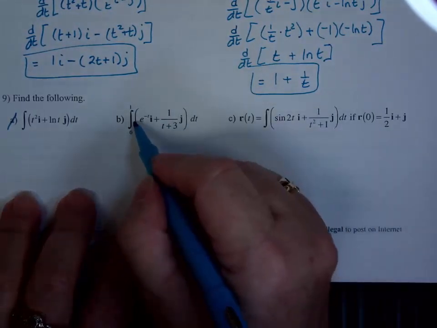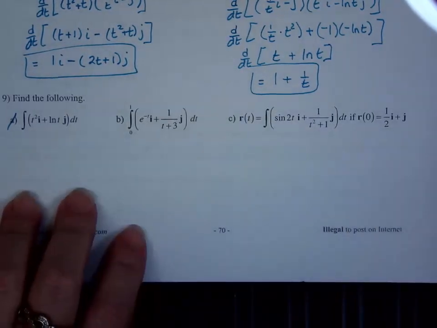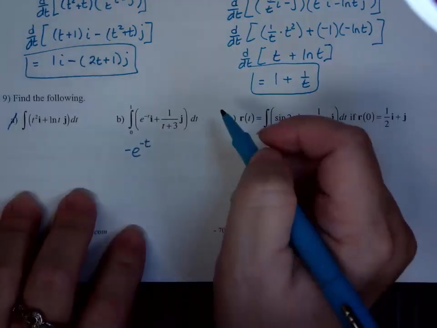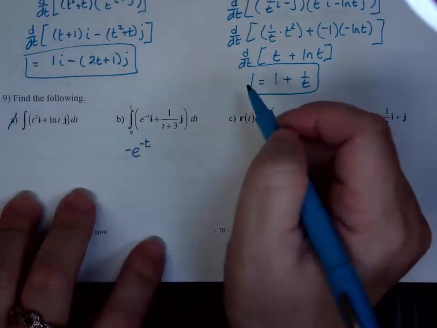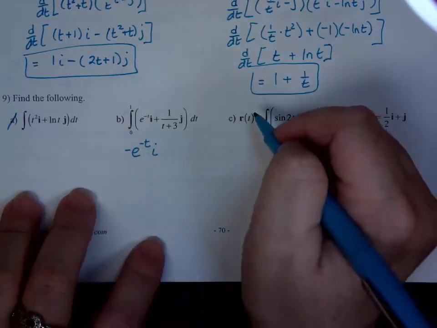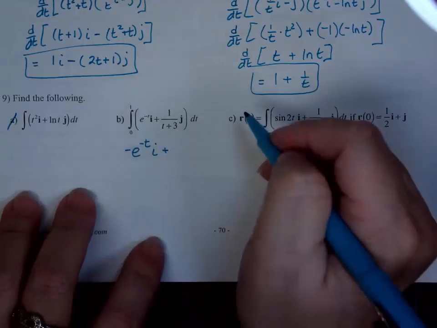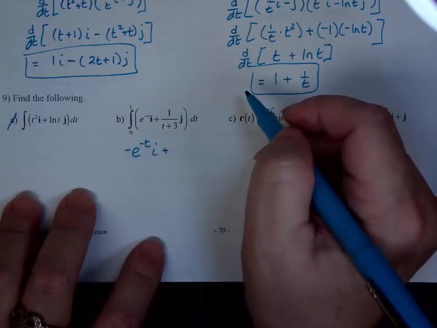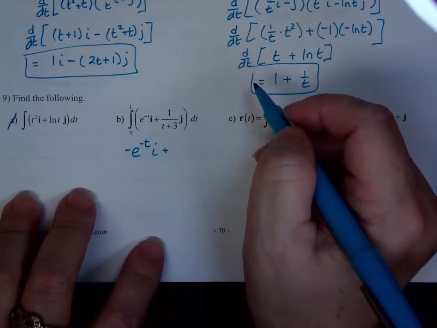What is the antiderivative of e to the negative t? Negative e to the negative t. Now this is the ones that don't get a plus c because it's definite. Put the i on it. The i just sits there, remember. Plus, what about the next term? 1 over t plus 3. What's the antiderivative of that?